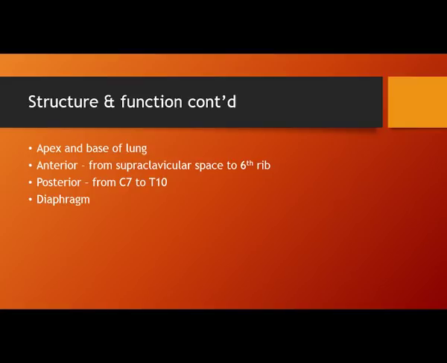The diaphragm goes up and down, as we'll see, and it also depends on if your lungs are maybe hyperexpanded from disease or something like that too. Posteriorly, they'll go from about C7, which if you bend forward, there's like a lump in the back of your neck, and that lump is C7, to about T10 normally.